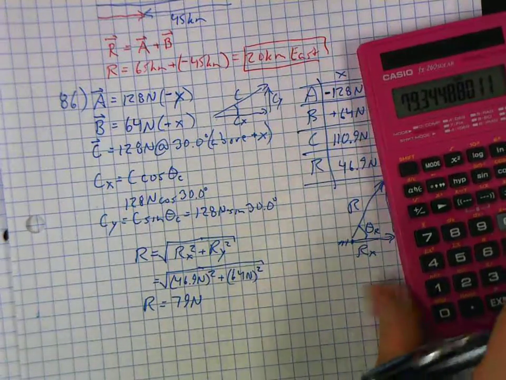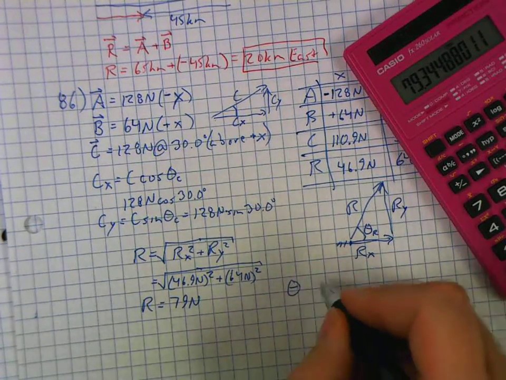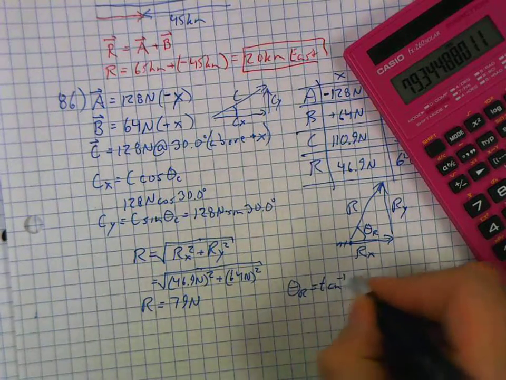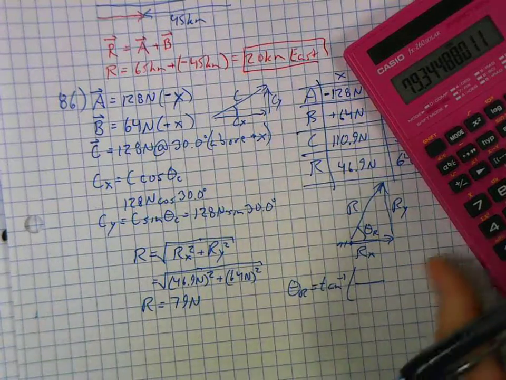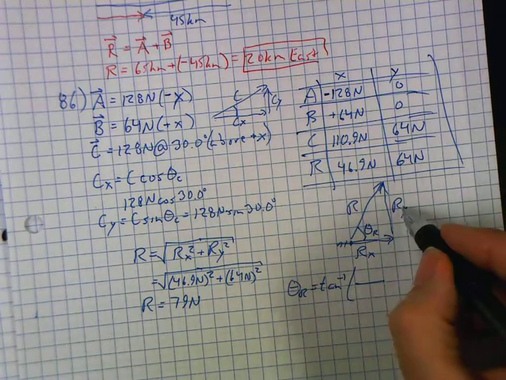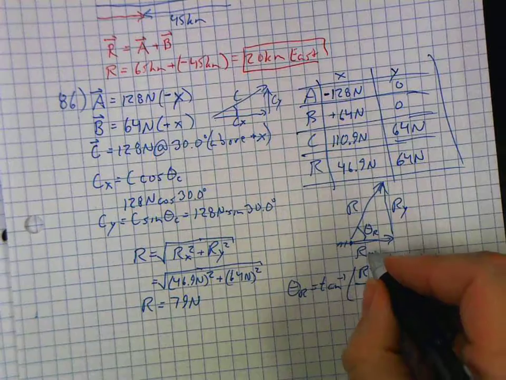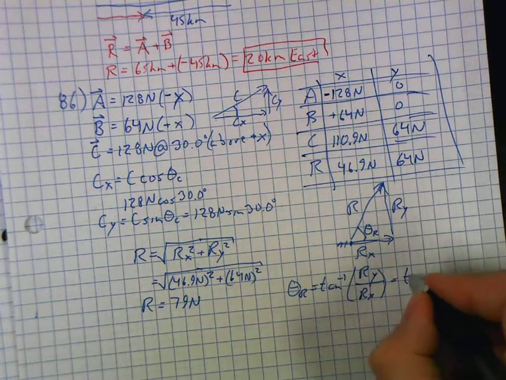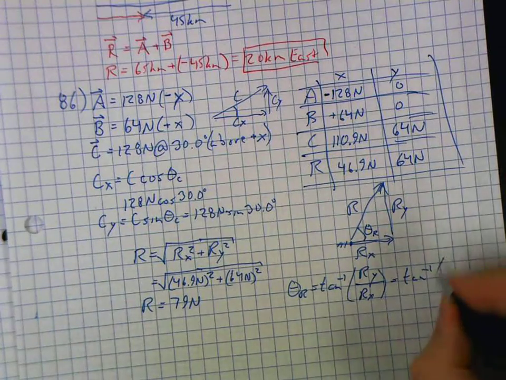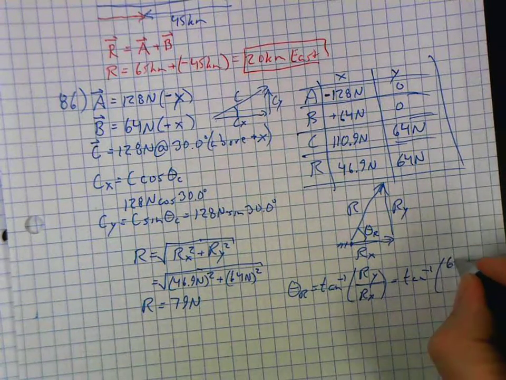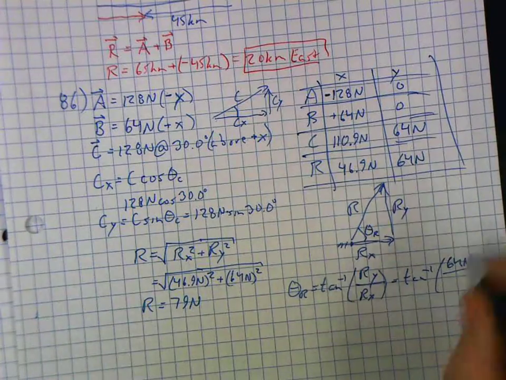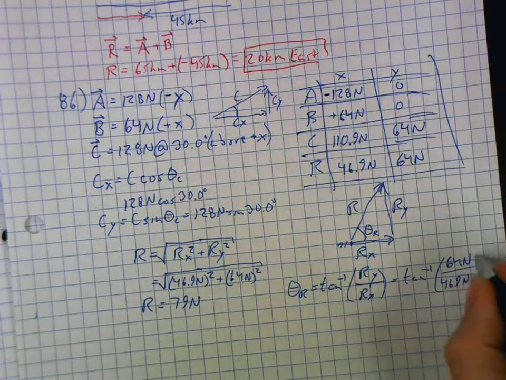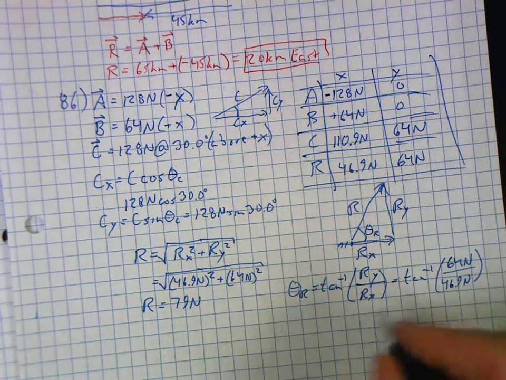And then the angle associated with R is the inverse tangent of the opposite side of our angle, which is R sub y, divided by the adjacent side of our angle, R sub x. So that is the inverse tangent of 64 newtons, R sub y, divided by 46.9 newtons, R sub x.